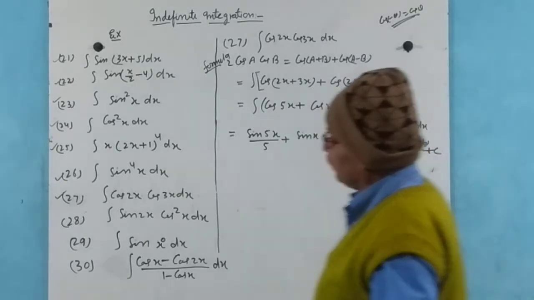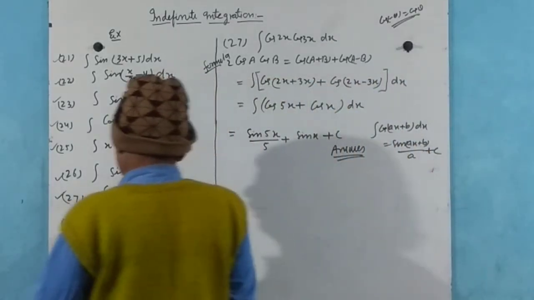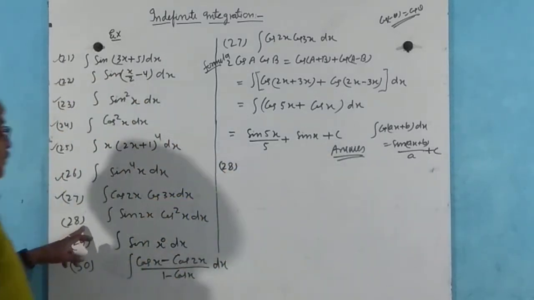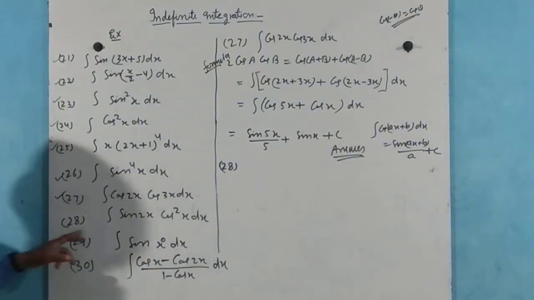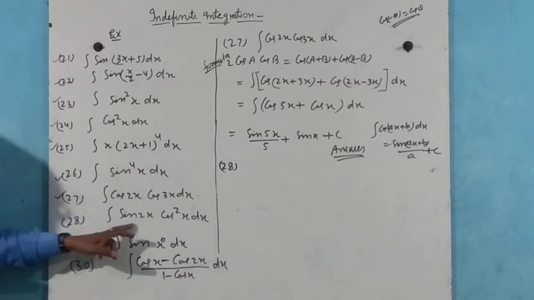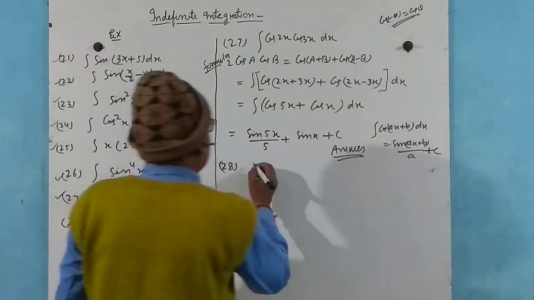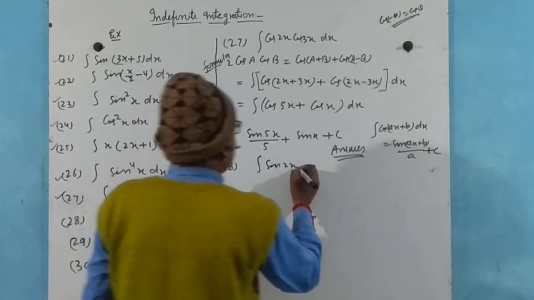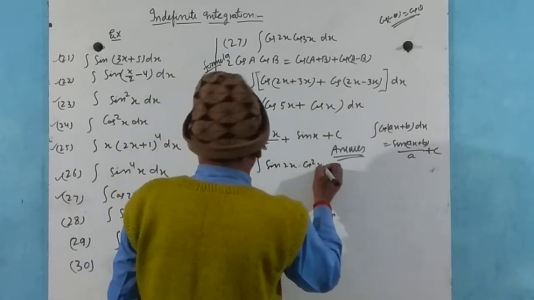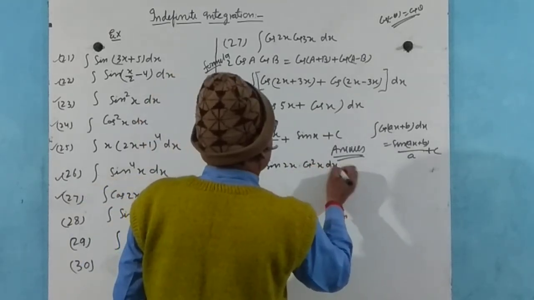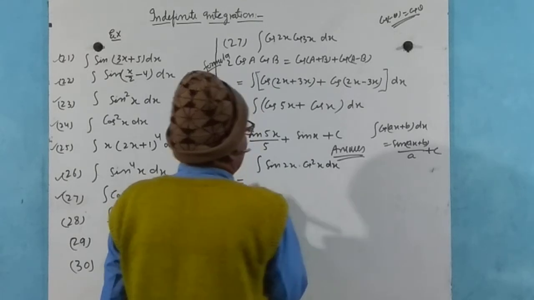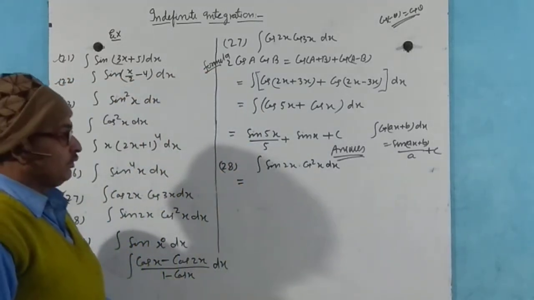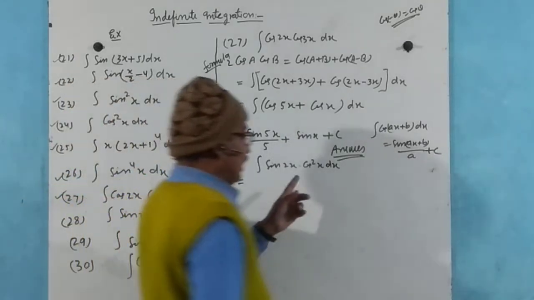Now this is the answer. Another question, number 28 here: the integration of sin 2x into cos square x dx. Now we arrange cos square x.